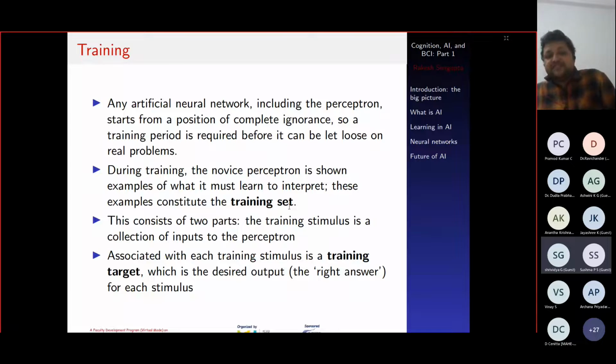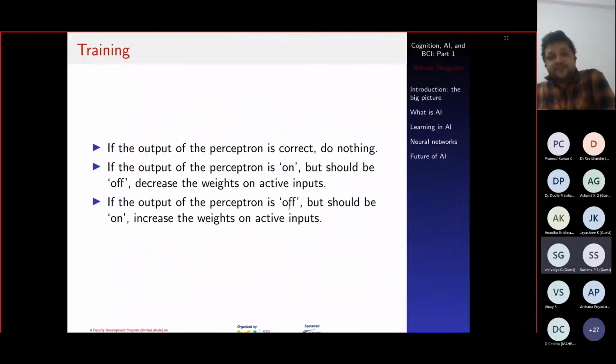Associated with each stimulus is a training target, which is the desired output or the right answer for each stimulus. If the output of the perceptron is correct, do nothing. If the output is on but should be off, then decrease the weights. And if the output is off but should be on, increase the weights. These were the first simplest rules for perceptron training, and they are known as Hebbian rules, named after one of the better psychologists of the first half of the 20th century, Donald Hebb.